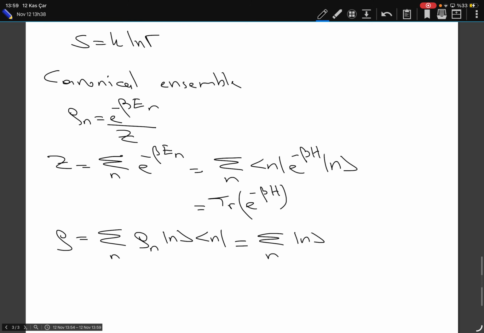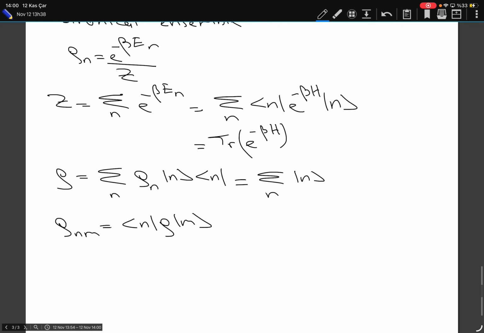Now what is rho nm? Rho nm is equal to <n|rho|m>. This is what we called rho nm. Rho is sum over all n and m, |n><n| rho |m><m|. I just inserted two identities.